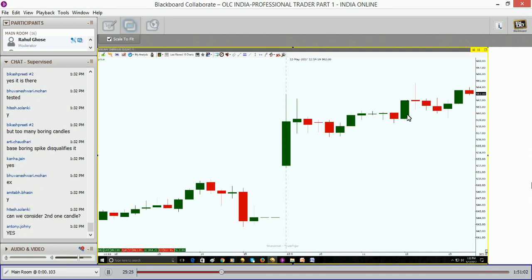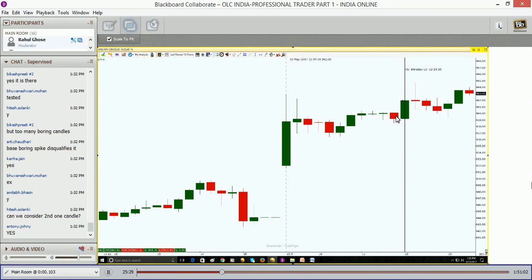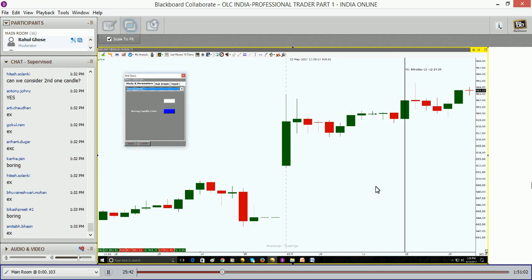Yes, now this becomes my exciting candle over here. What about this candle? Is this boring or exciting? Little bit of doubt. Let's use the boring candle indicator.